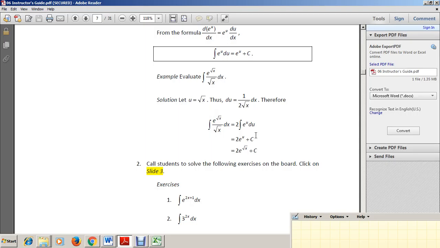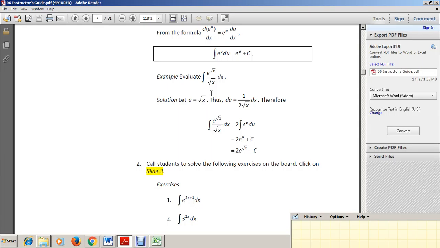If you have your own pen and paper with you, you could write down u is equal to square root of x is equal to x raised to 1 half, the conversion of the square root to fractional exponent.